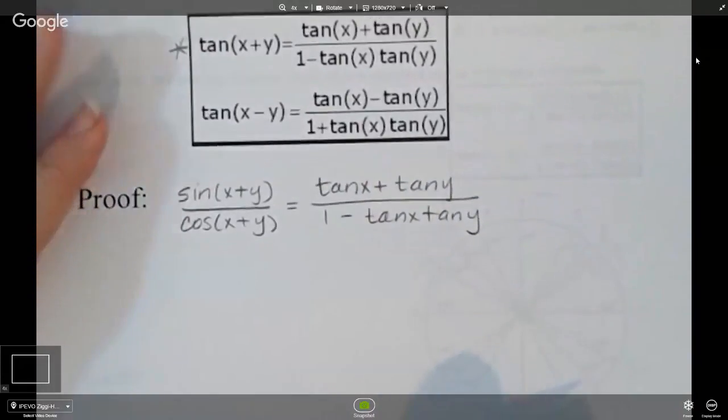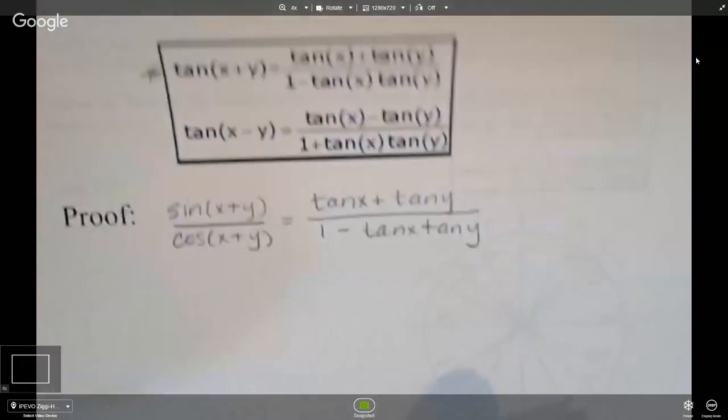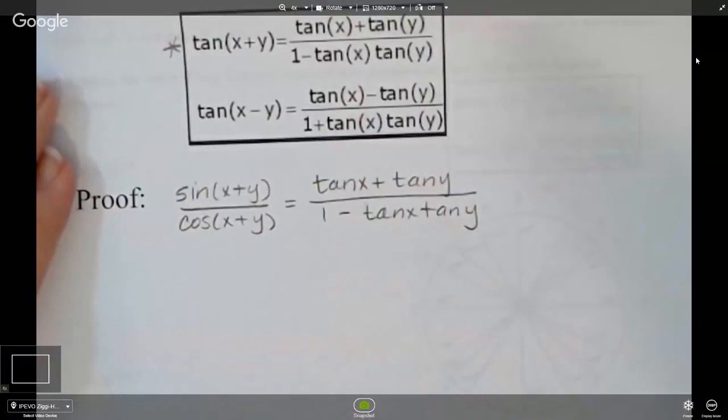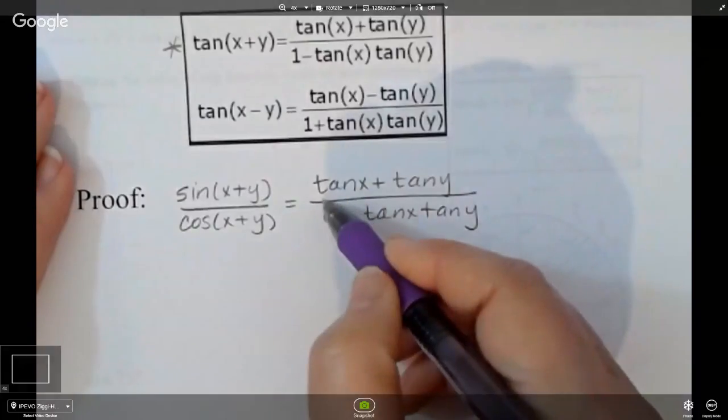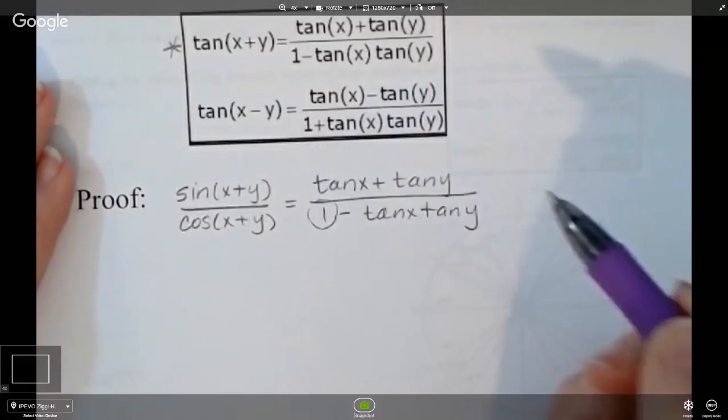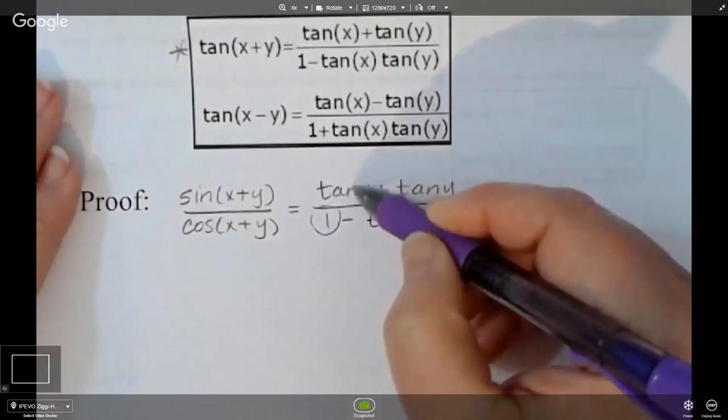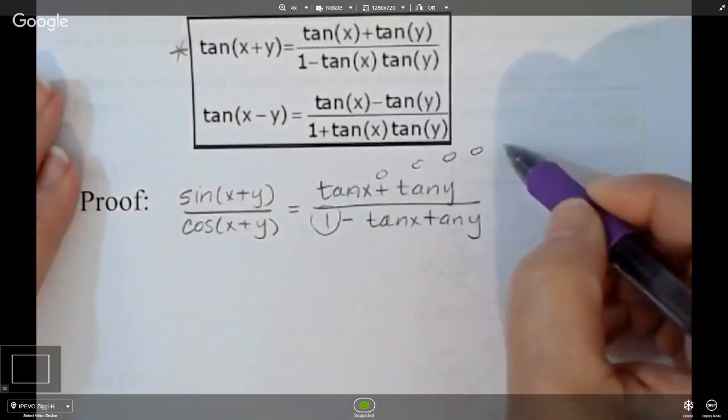Now, I like to talk to you about what I'm thinking, even though when we're verifying, we're not allowed to touch the other side. But I'm going to have a little thought bubble going on here. I'm seeing this one here, and I'm thinking, there's my thought bubble.